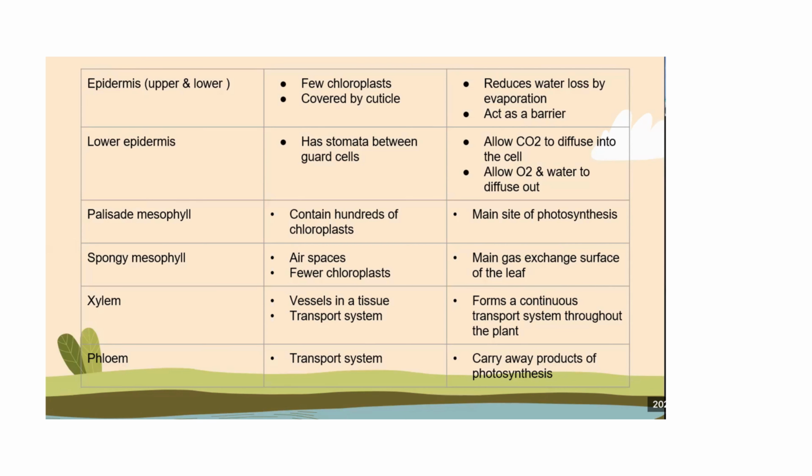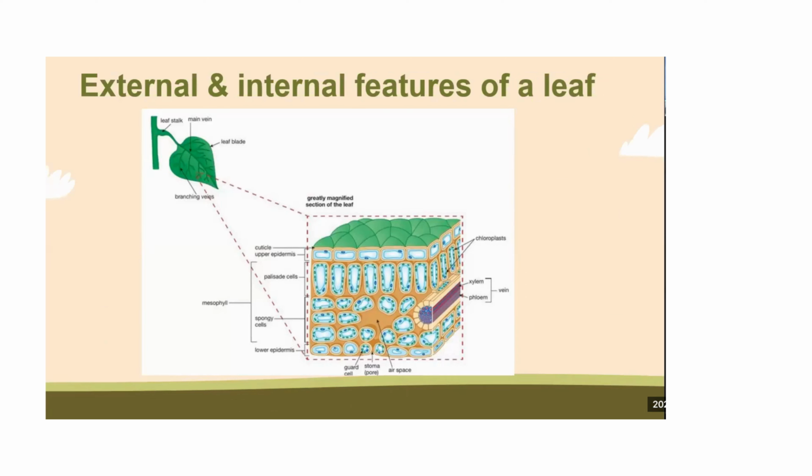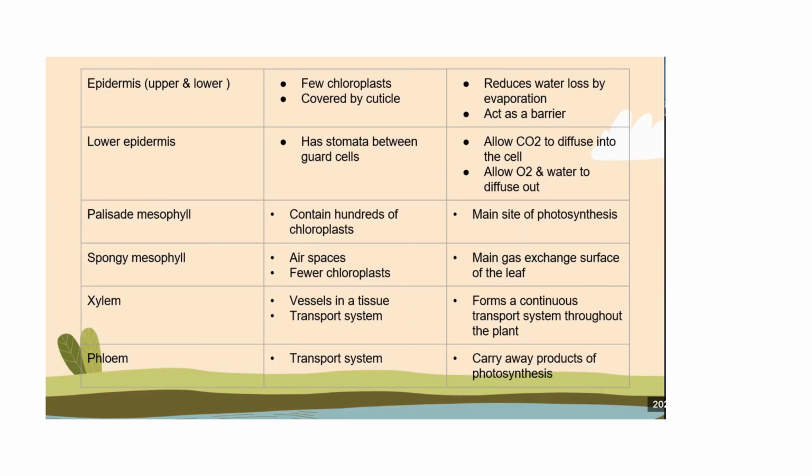Stomata are only in the lower epidermis. In the upper epidermis there are no stomata. In the middle layer there are palisade mesophyll cells. They contain hundreds of chloroplasts, so it is the main site of photosynthesis.